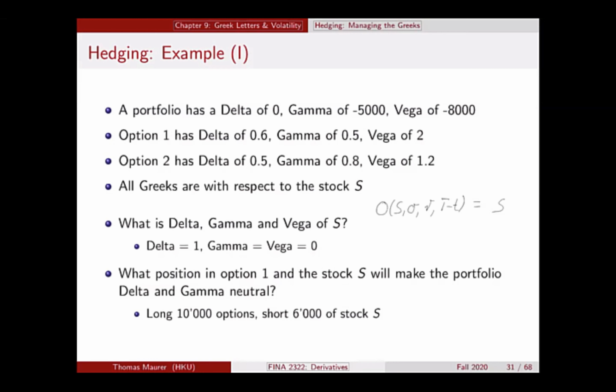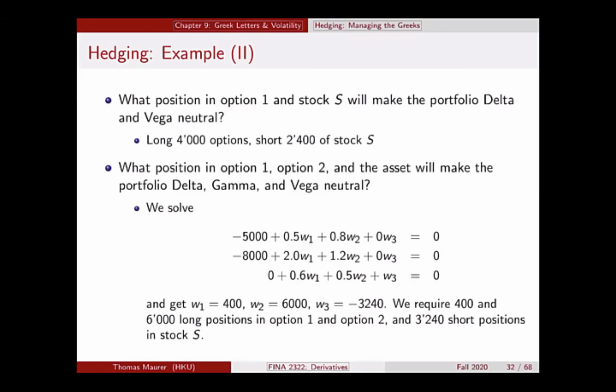Well, I can combine that now with some positions in my underlying asset S. I have 6,000 delta, and I know my underlying asset has a delta of 1. Therefore, I want to short sell 6,000 units of that asset S. That will introduce minus 6,000 delta to my new portfolio, which offsets exactly the 6,000 delta which I get by adding those 10,000 units of option number 1 to my portfolio.